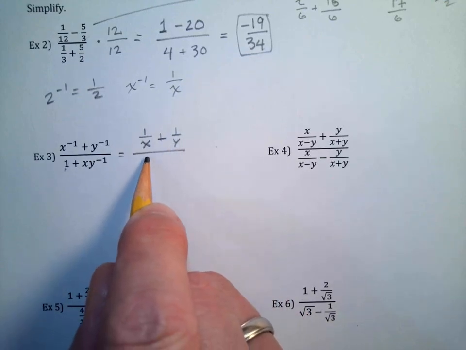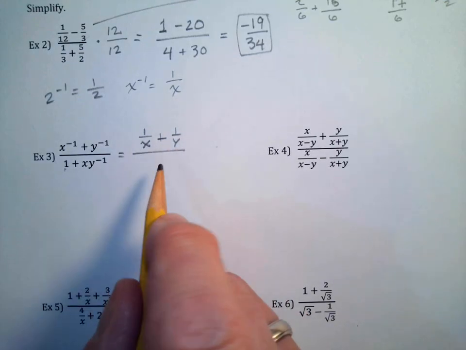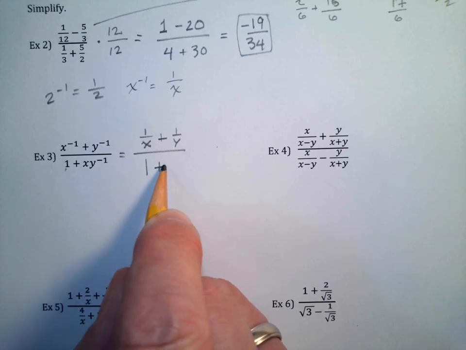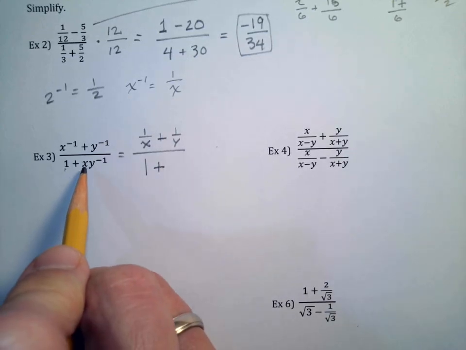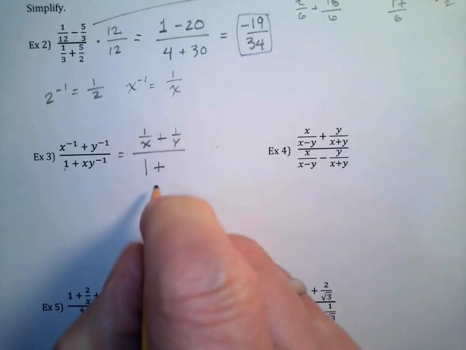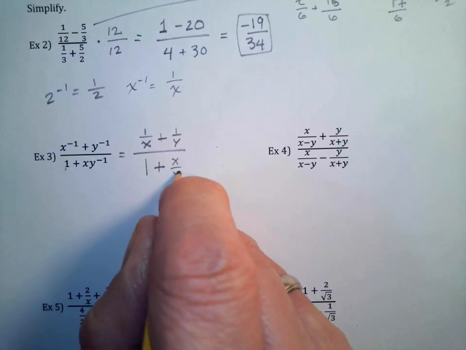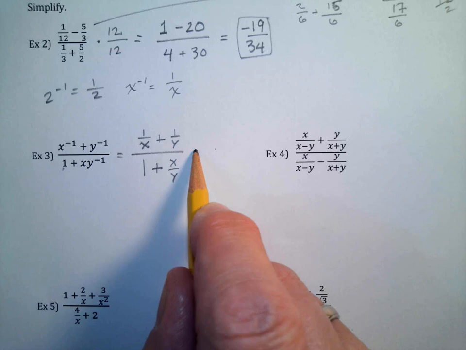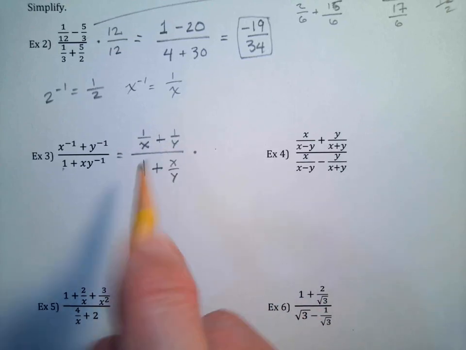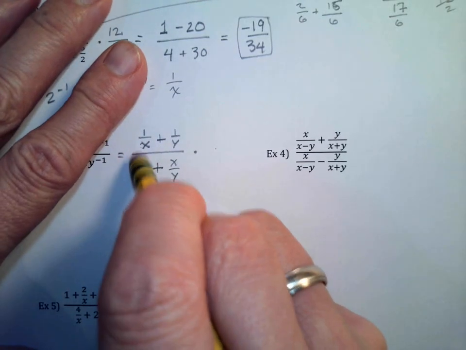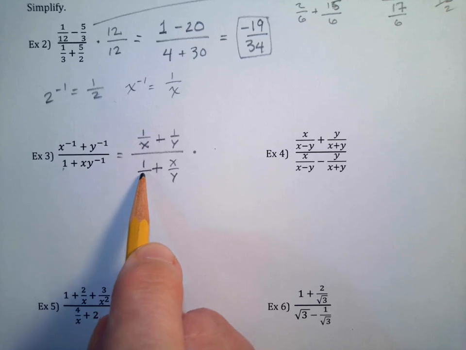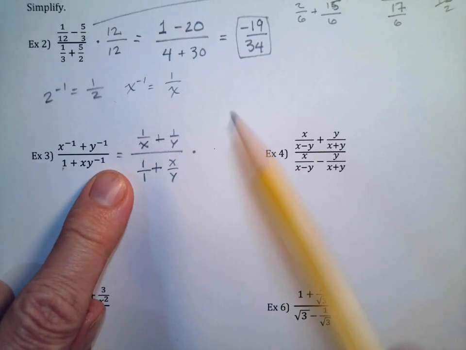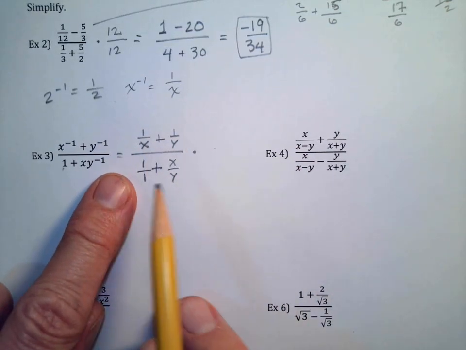And on the bottom, it's, careful, what would that be? 1 plus, the x stays where it is, the y goes downstairs, so x over y. All right, so now think about what the LCD is. I have an x and a y. If we want to think of this as a fraction here, instead of 1, it's 1 over 1. So the denominators are x, y, 1, and y.